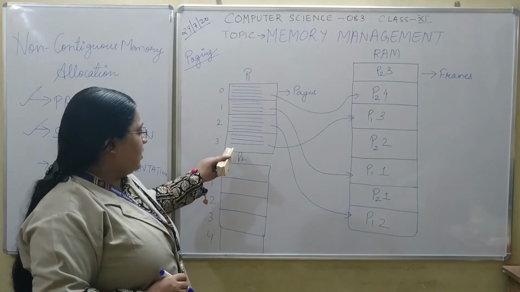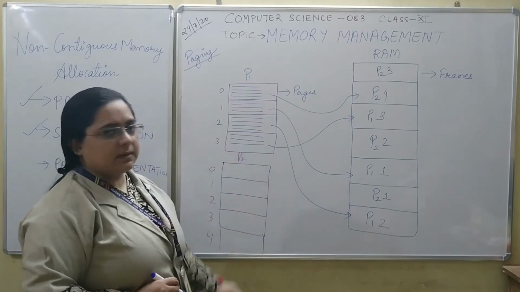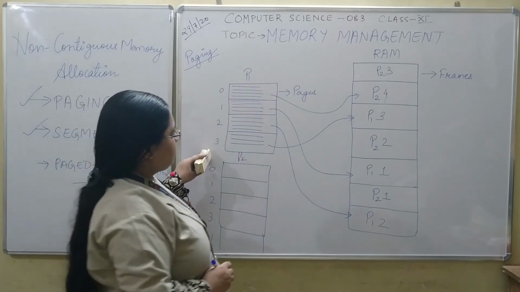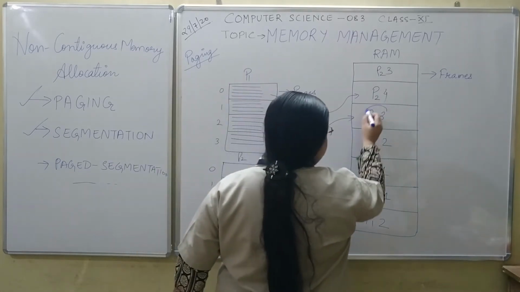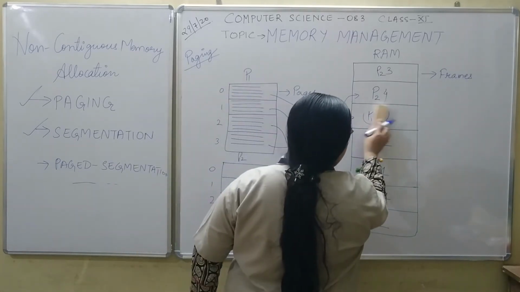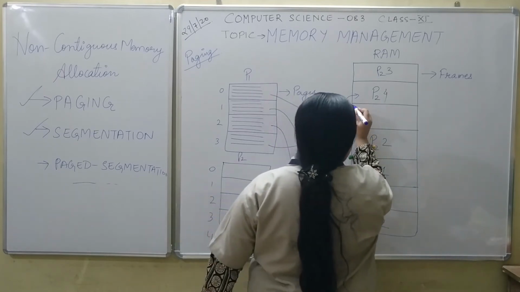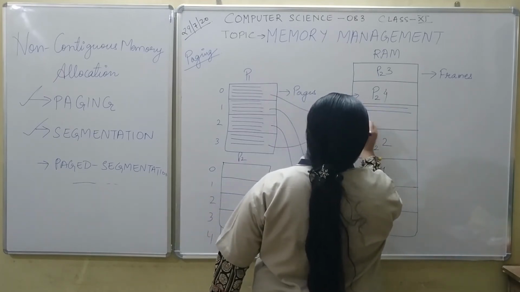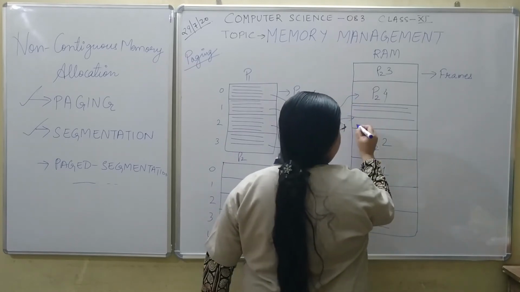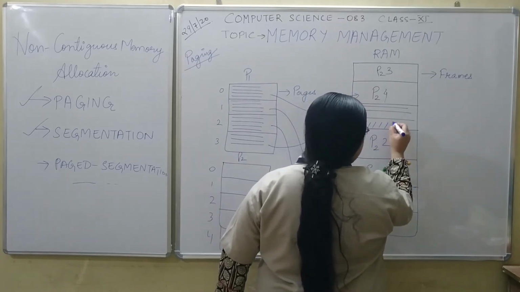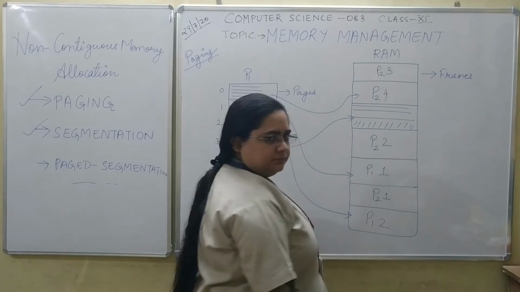Understood? It may not be occupying the entire page. So wherever this is stored, P13, this is P13, it might be occupying only 2/3 of the frame size. Only 3 bytes, and one area, this one, is free.